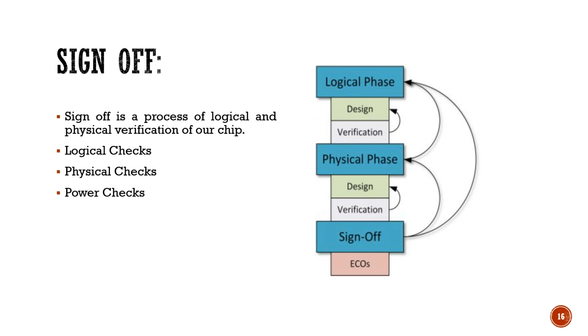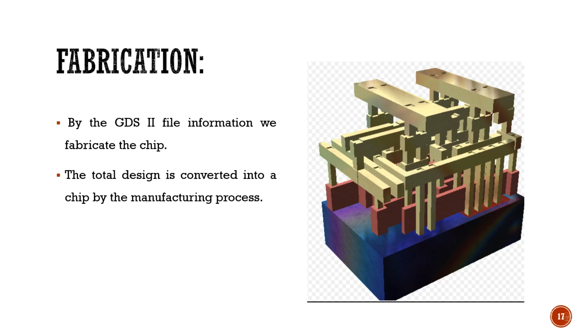That is physical. Power check is you are going to verify whether it satisfies the operating voltage or not, whether the product that you have manufactured meets the electrical characteristics or not. So these three parameters will be analyzed in the case of power check. In the next case, we need to go for fabrication.